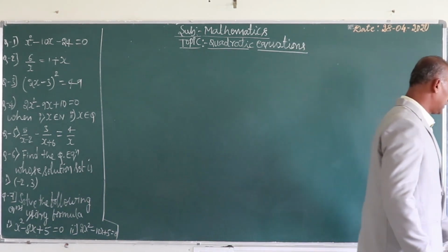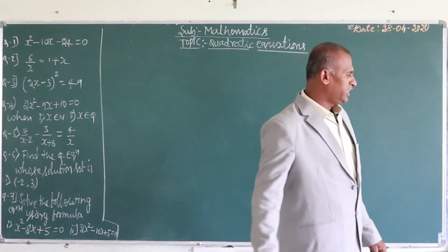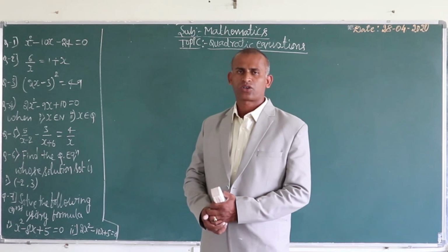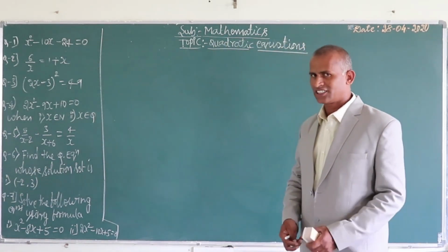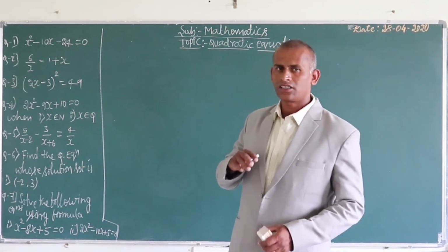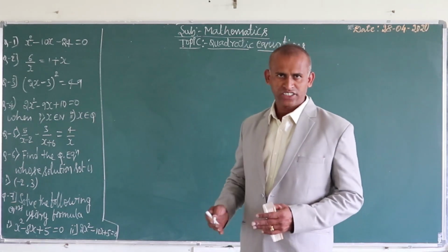Yesterday we discussed so many sums, and regarding the introduction of the quadratic equation, we solved so many sums yesterday. We found whether the given equation is a quadratic equation or not.